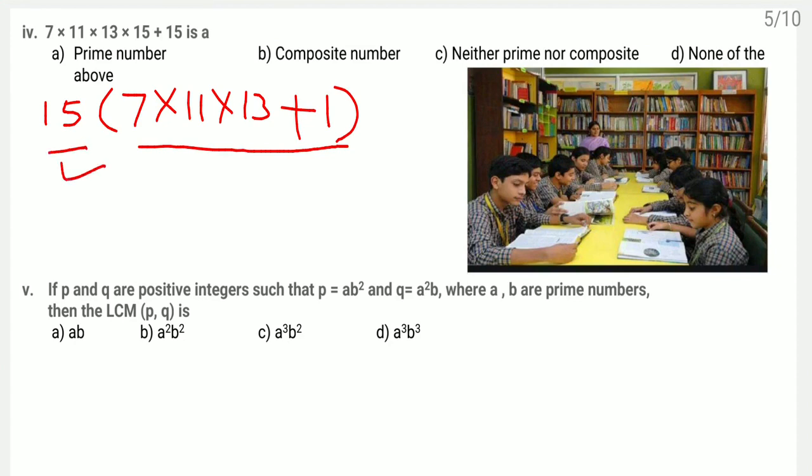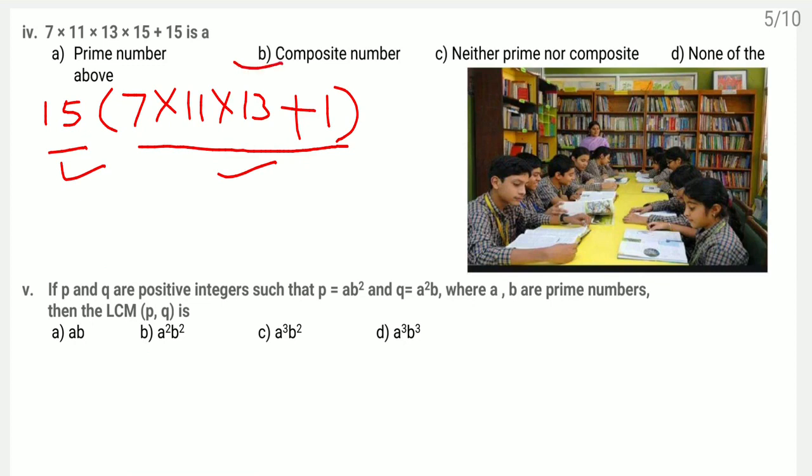Okay, this is one factor, this number is another factor, and 1 itself is a factor. Correct? Now if you multiply all these numbers, you will get another factor also, that is the number itself. It means that this whole number has more than 2 factors. Therefore, it is a composite number.